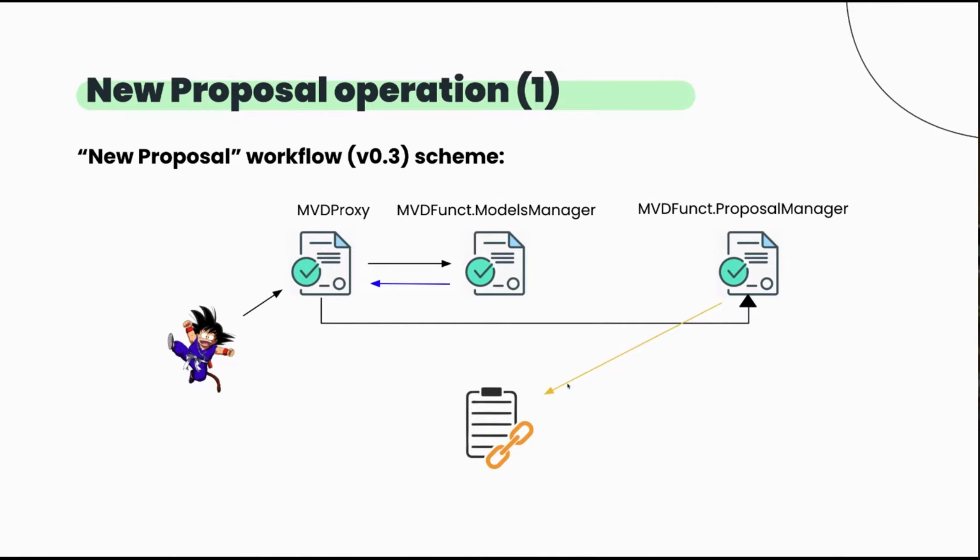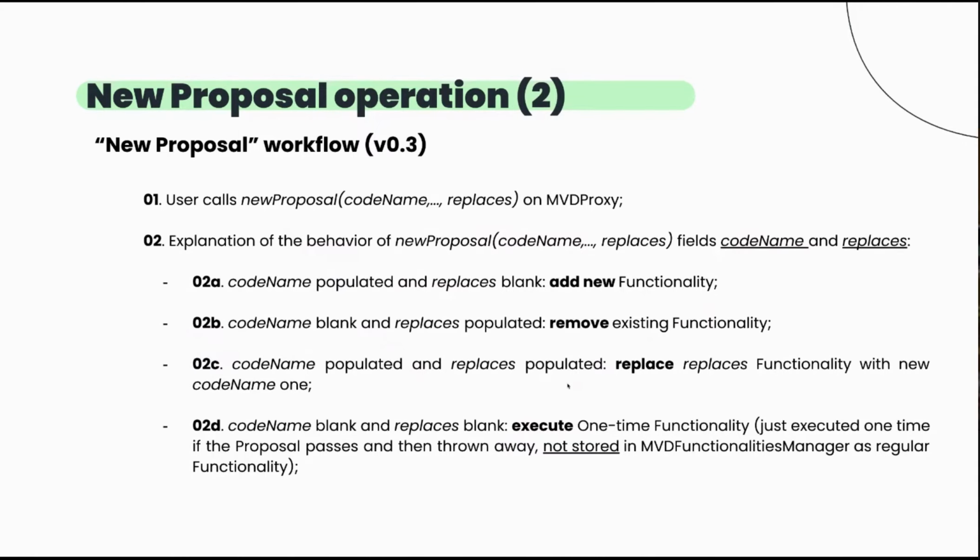So in the 0.3 version of the DFOhub protocol, every time we create a new proposal, we are creating a new proposal contract. Then this new proposal contract is passed to the MVD proxy, which can store the proposal contract. This is the whole scheme, and this is the description of the workflow.